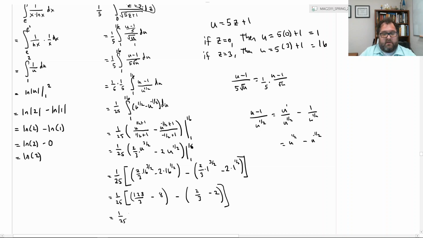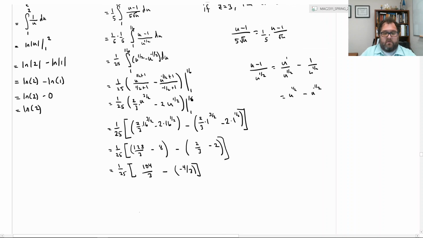The first fraction here, 128 over 3 minus 8, is 104 over 3. So we get 104 over 3 for this first set of parentheses, minus. Now what's 2 over 3 minus 2? That's negative 1 1/3, so negative 4/3. So minus negative 4/3, like so.